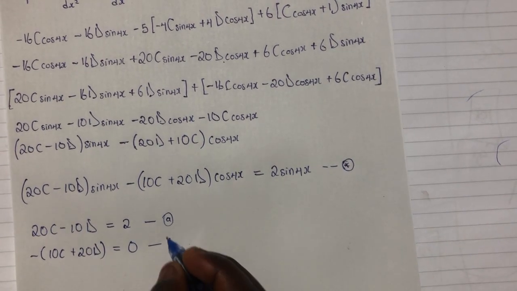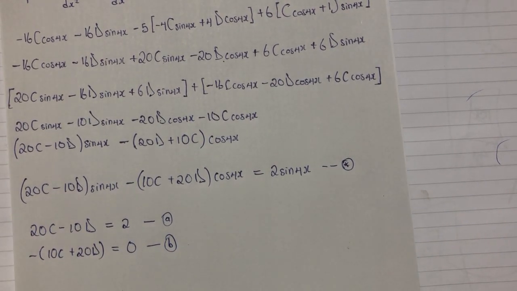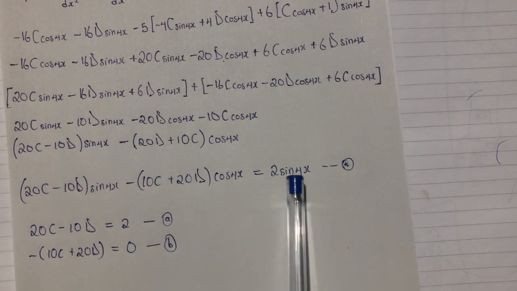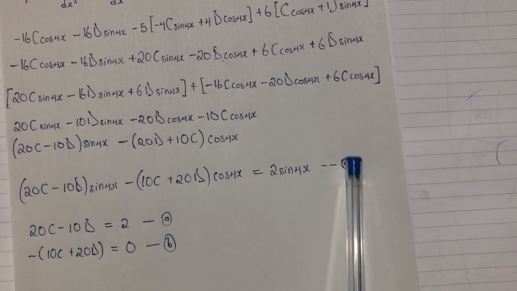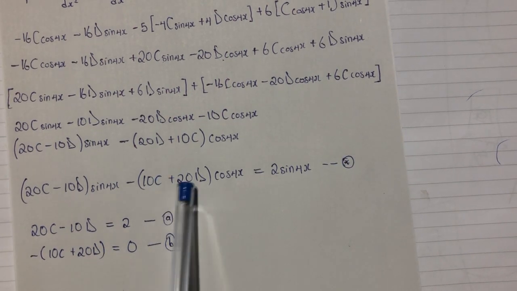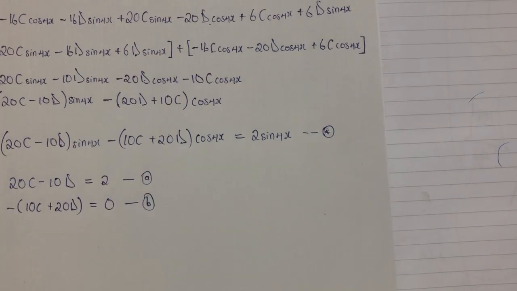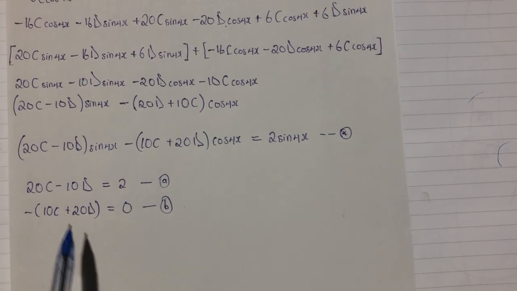Let's name this equation B. So like I explained earlier, the right hand side has no part for cos, so it means that side is 0. So everything for the coefficients here equals 0. Now these are two simultaneous equations.